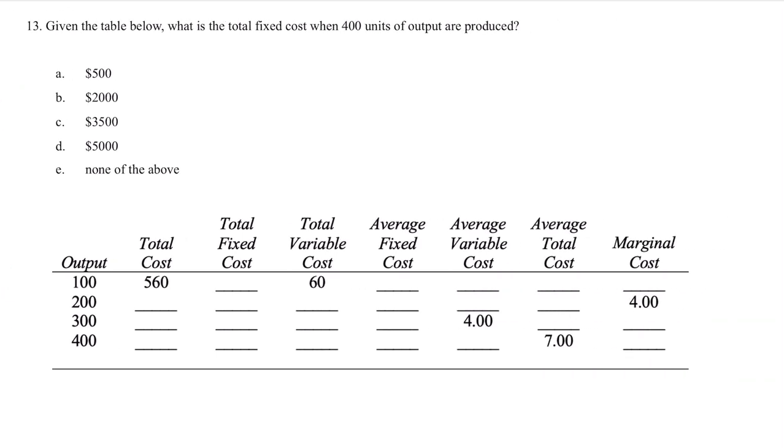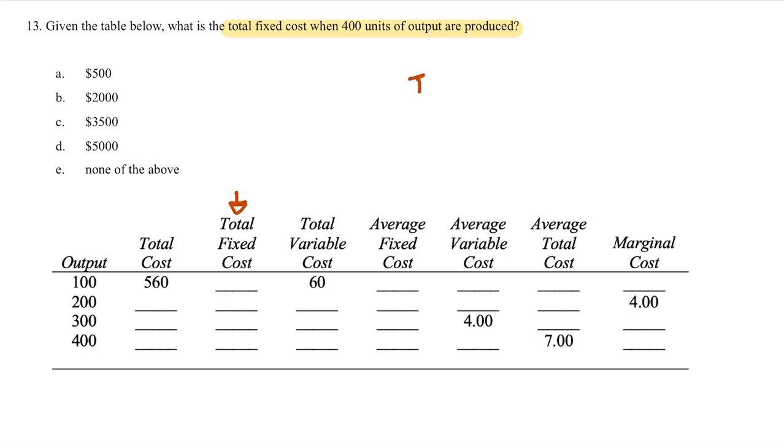Given the table below, what is the total fixed cost when 400 units of output are produced? Total fixed costs never changed. So all we have to do is figure out this first time, right here.